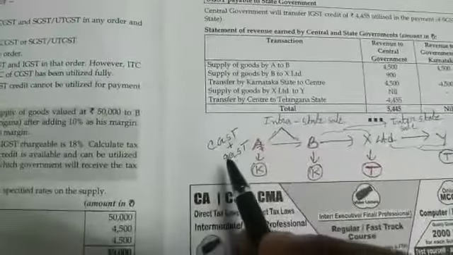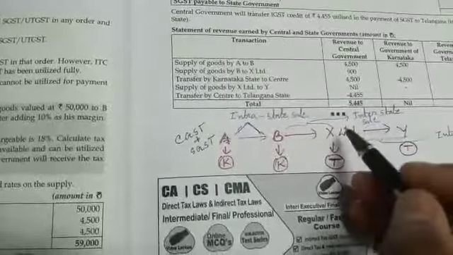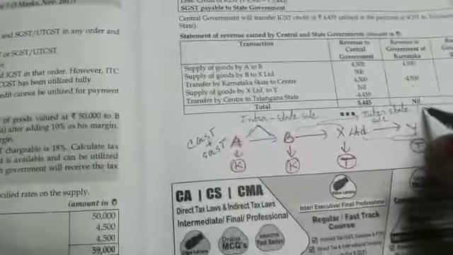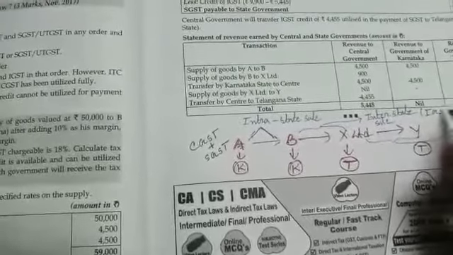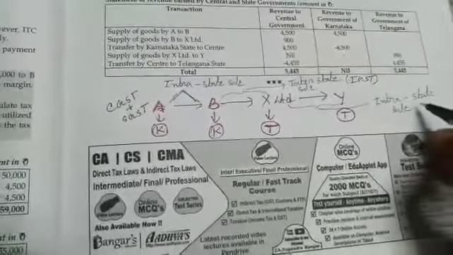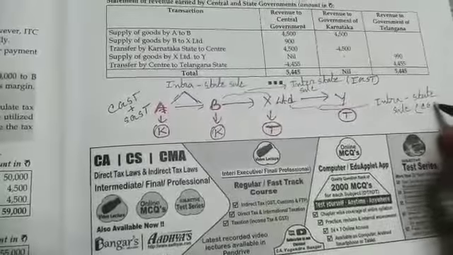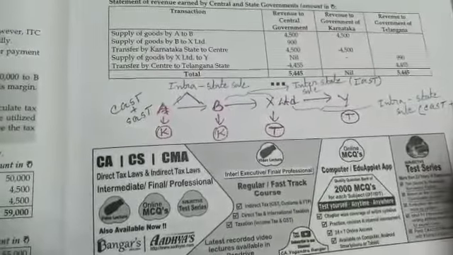Output tax will be in the form of CGST and SGST. For the second sale, since it is an interstate sale, output tax should be in the form of IGST. The third sale is an intrastate sale, so here output tax will be in the form of CGST plus SGST.